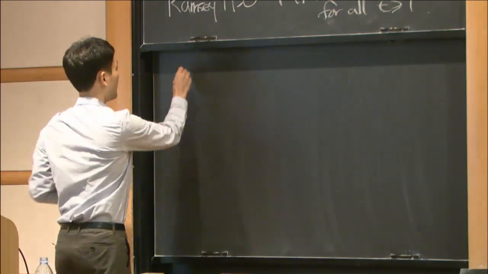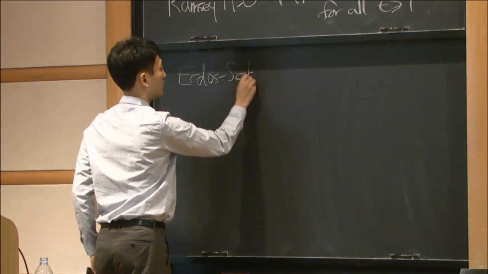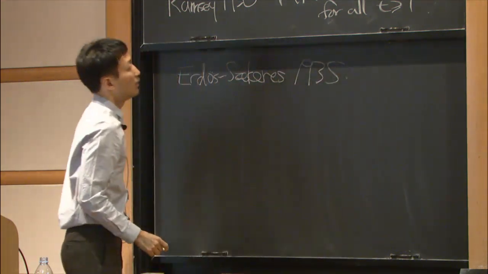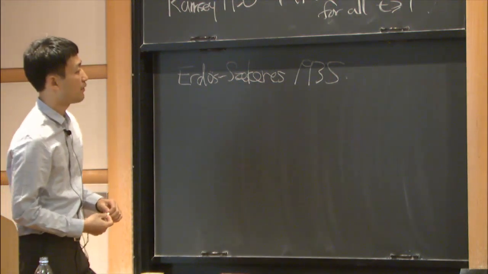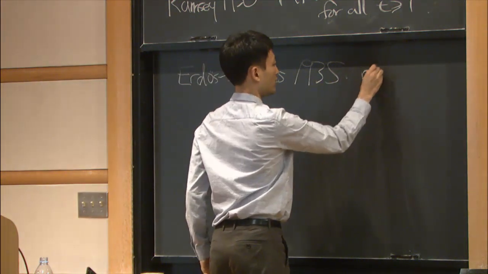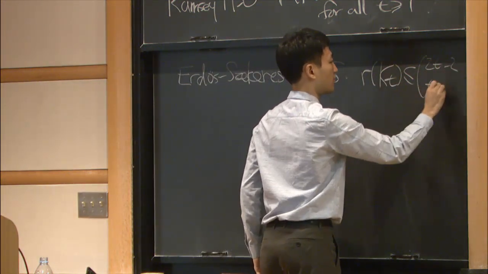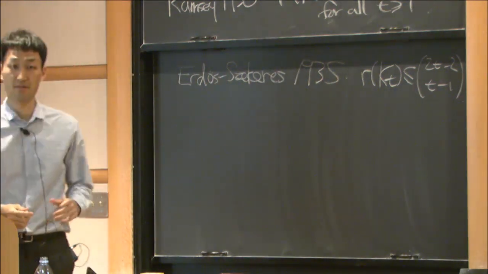So in 1935, Erdős and Szekeres found the geometric application of it and gave the following explicit upper bound on the Ramsey number. What they proved is, in fact, a recursive relation that gives this bound.